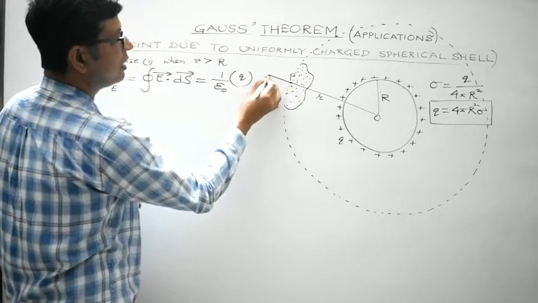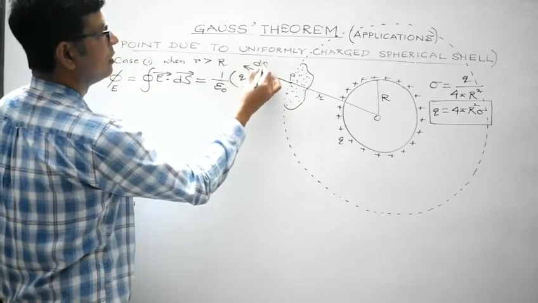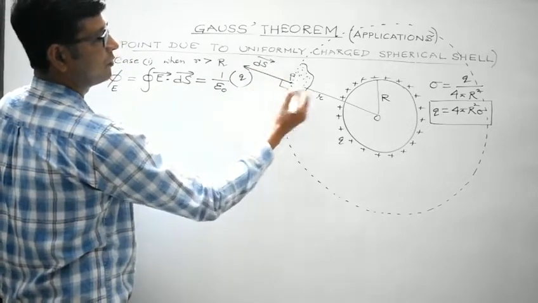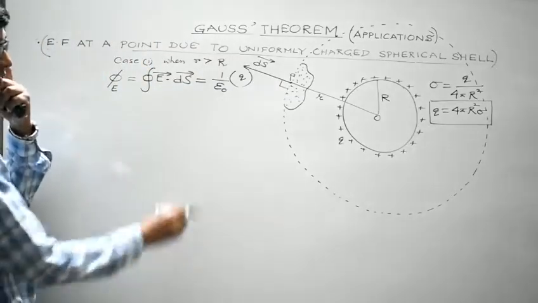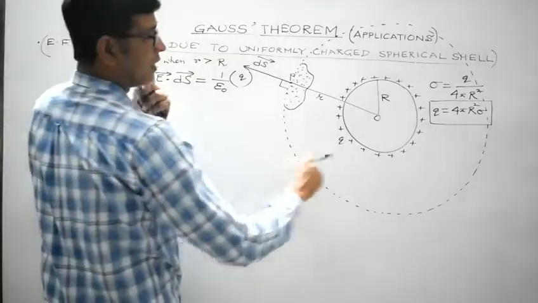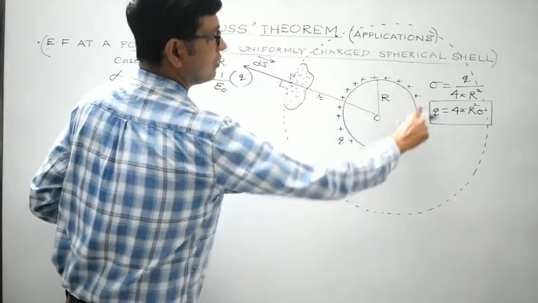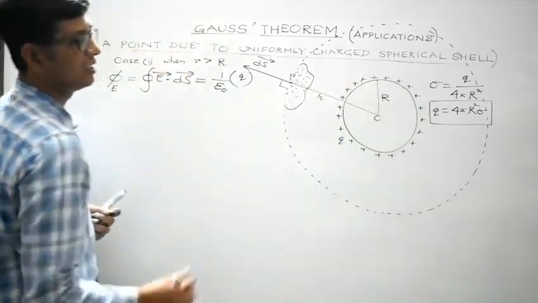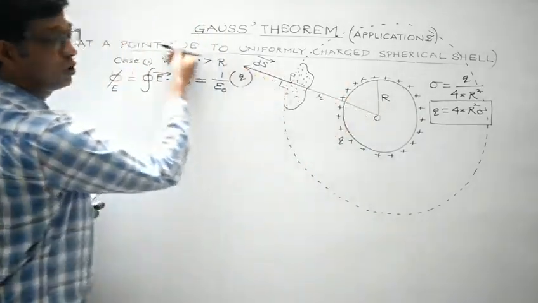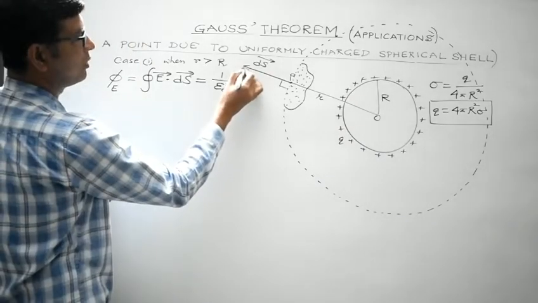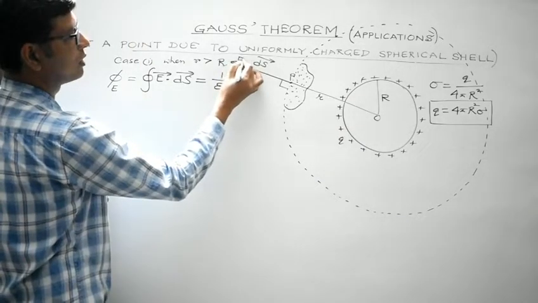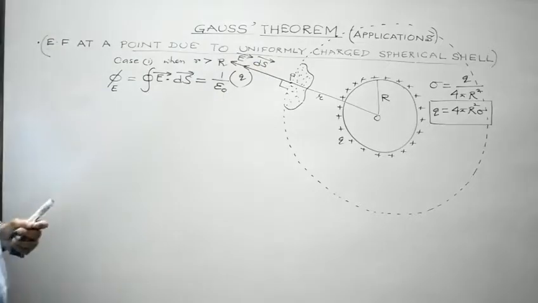So this is the area vector, perpendicular to the surface and in the outward direction. Electric field: due to this charge, we can always consider the charge to be concentrated at the center. So, due to this charge, the electric field is also in the outward direction. This will be the direction of the electric field. So, both are in the radially outward direction.